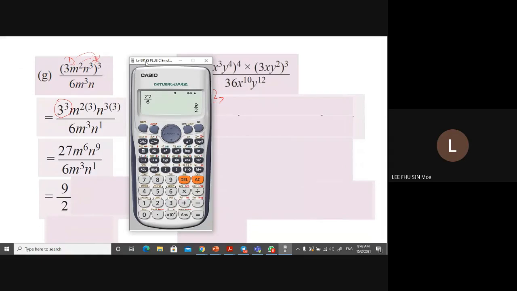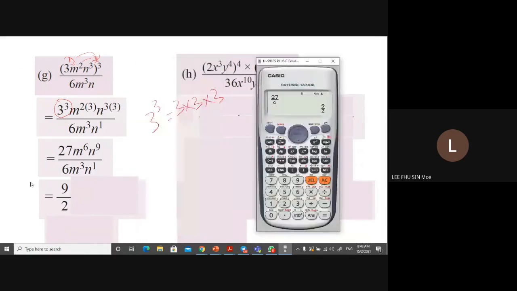And then for this part, you have to use a law of logarithm. This is division, so you have to use a division method. Sorry, not logarithm, law of indices.